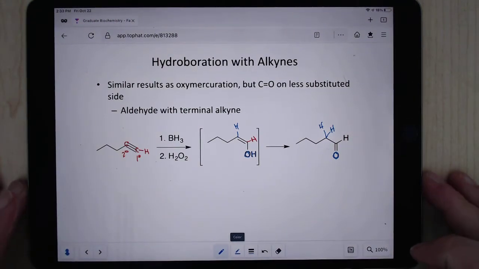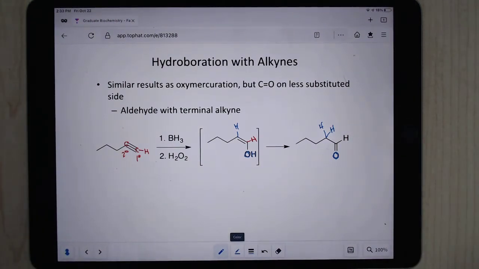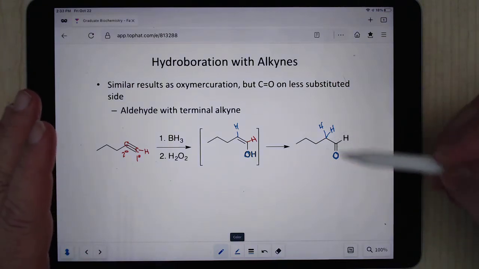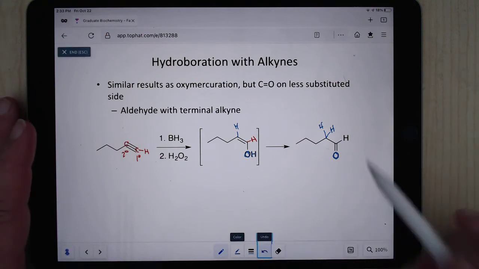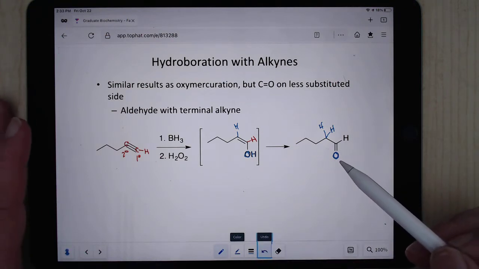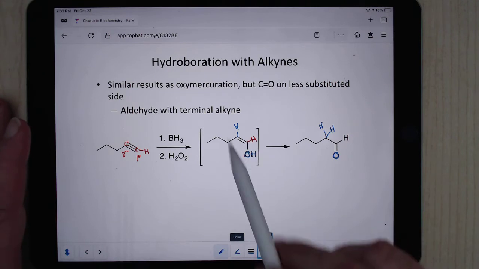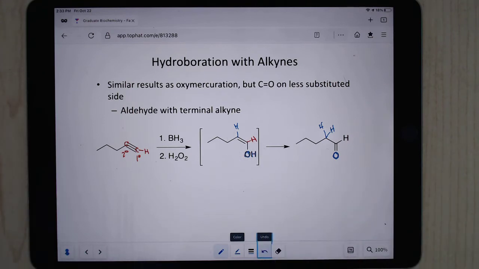But it's the exact same. It works the exact same way as the oxymercuration. But the preference for where that C double bond O goes is different. It's just the opposite. And the nice thing about this is that it's a really nice way of making aldehydes, because it's a really clean way of doing it. But otherwise, it's exactly the same as what was happening with oxymercuration.